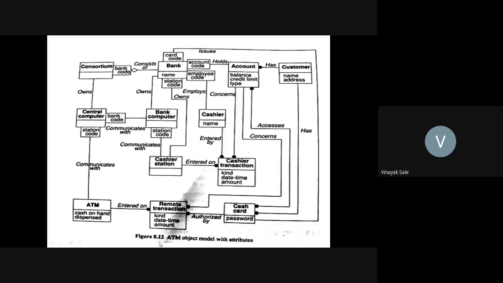This is the overall structure of the object model with attributes of ATM. Whenever a question may be asked to describe the object model with attributes of ATM, then you should draw this figure and explain each and every part in detail.